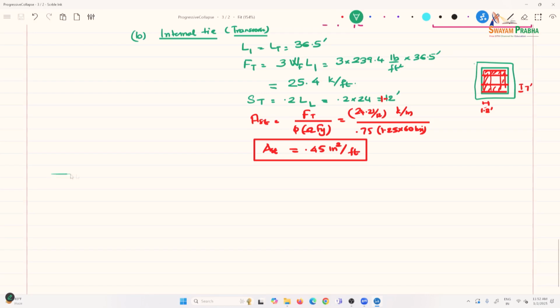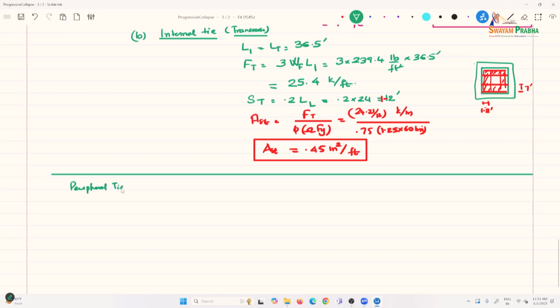Then we look at peripheral ties. So over the edges we have brick wall weight. So we need to consider the brick wall weight.